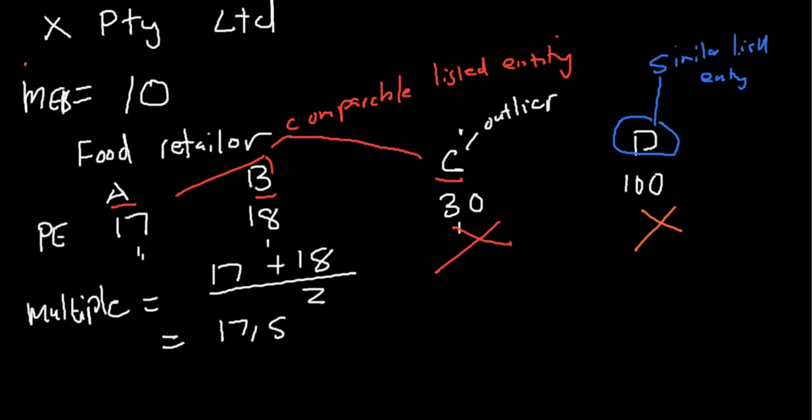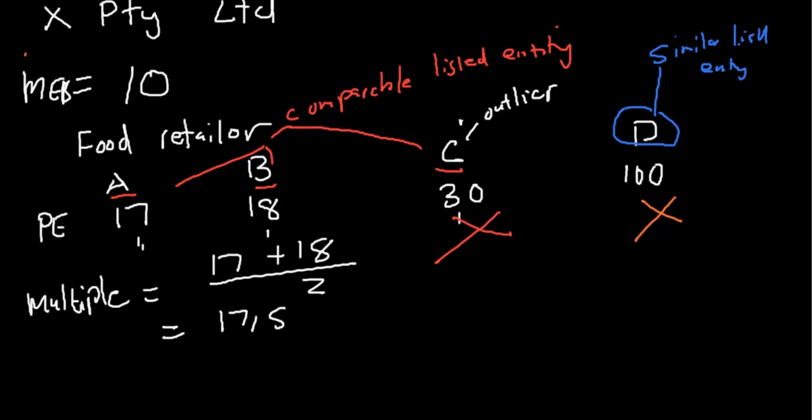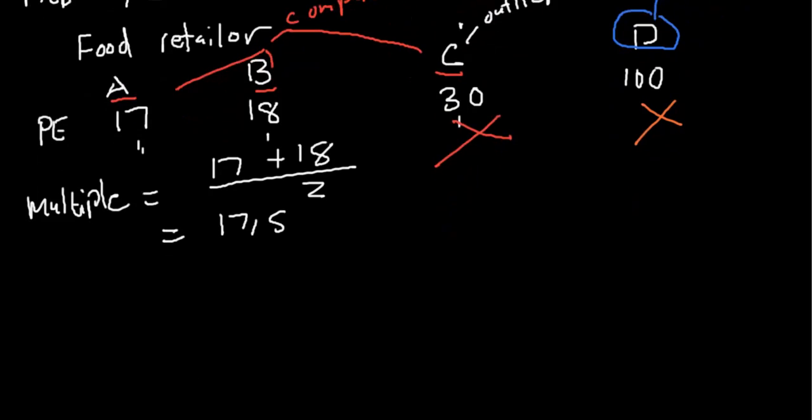Now, the question asked us to determine the value of X Pty Limited. Now, this 17.5 multiple, do we stop there? Guys, we don't stop here. Another important element, especially when we're determining a comparable multiple, is understanding that, hang on, the entity we're trying to value is unlisted.